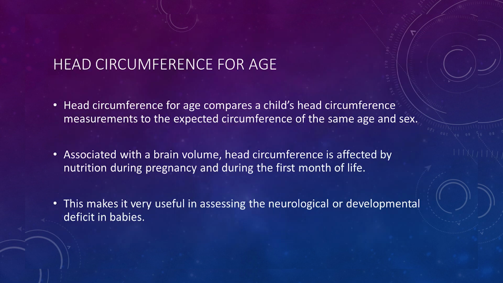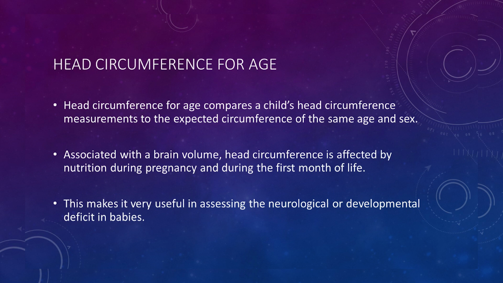Then head circumference for the age, this is another measurement we do through the anthropometry. The head circumference for the age compares a child's head circumference measurement to the expected circumference of the same age and sex. Associated with the brain volume, head circumference is affected by nutrition during pregnancy and during the first few months of life.